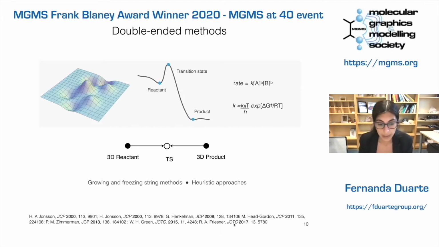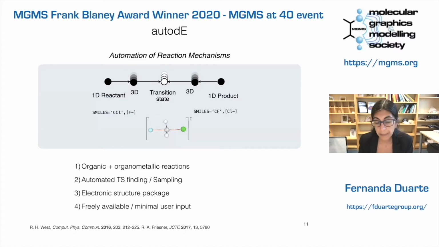But when we were exploring all of them, we found some limitations and really wanted to address those in a very simple way. So we wanted to develop a code that would be possible to use with organic and organometallic reactions. So far, only organic reactions were tested. We wanted to make transition state finding and sampling automated.